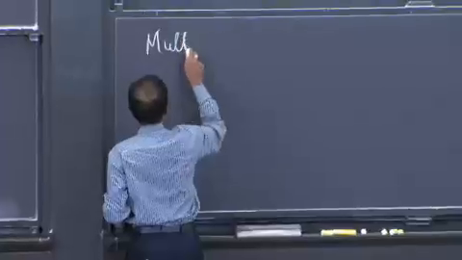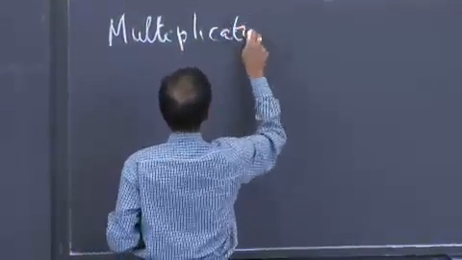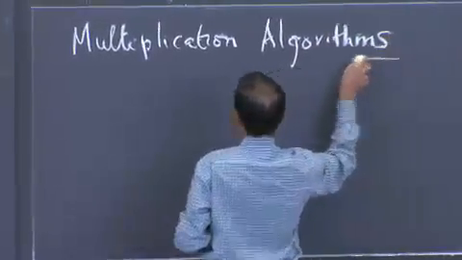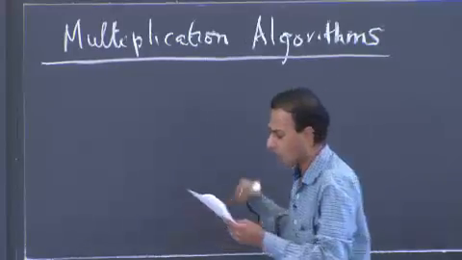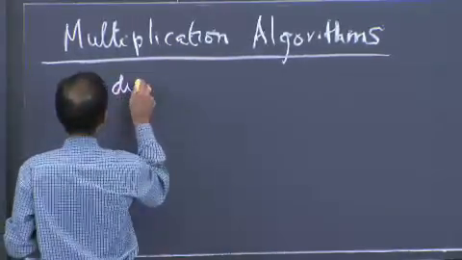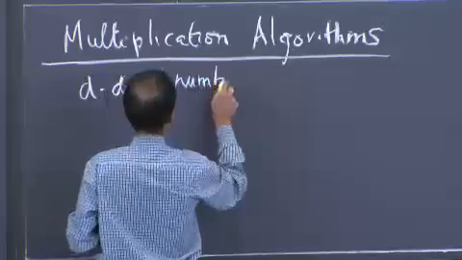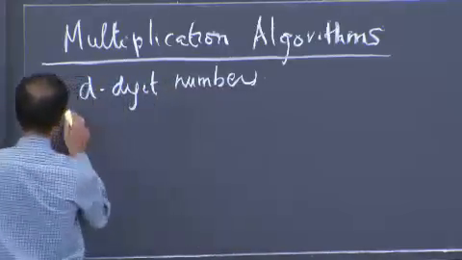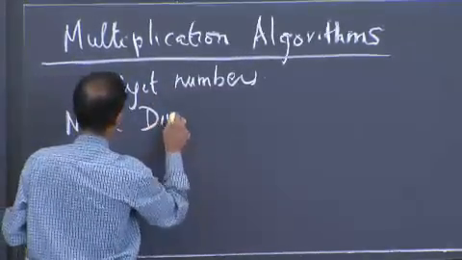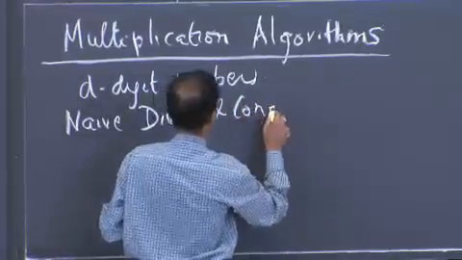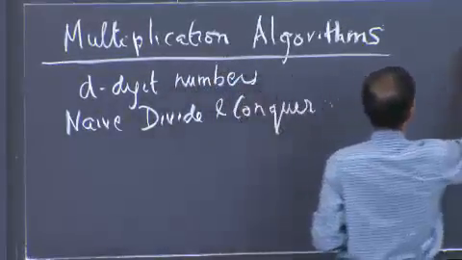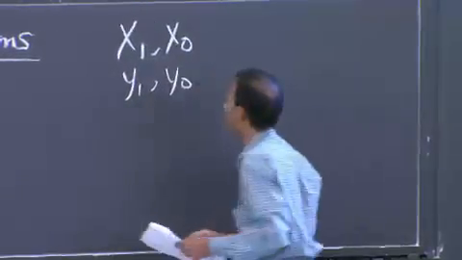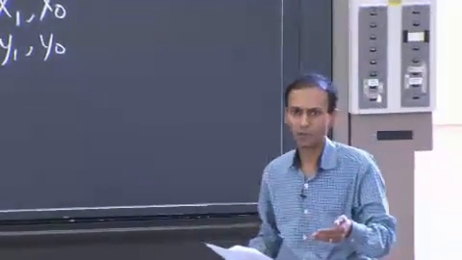We have multiplication algorithms. And we want to be able to multiply d-digit numbers. And the naive algorithm, you can imagine doing divide and conquer. So you take x1, x0, y1, y0, where x1 is the most significant half of x.